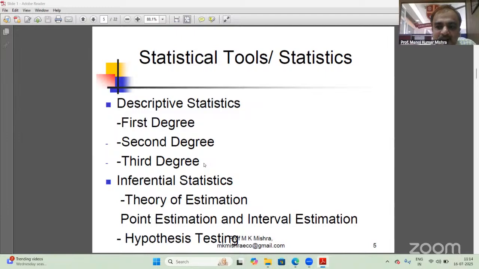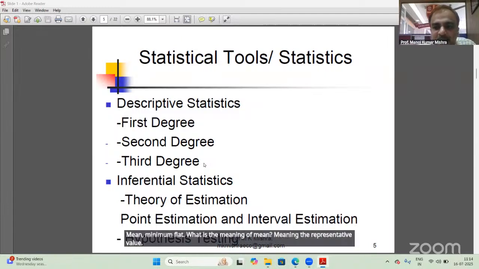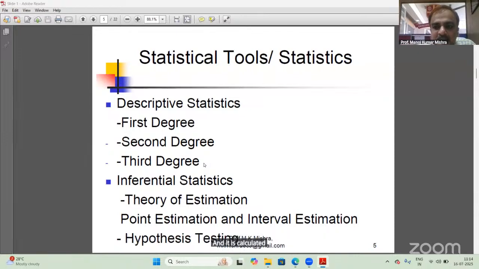What is the meaning of mean? Mean is the representative value, and it is calculated as the sum of the values of all items divided by their number. Generally, in a class there are 100 students, and we are interested in knowing the quality of the students. How can we measure it?